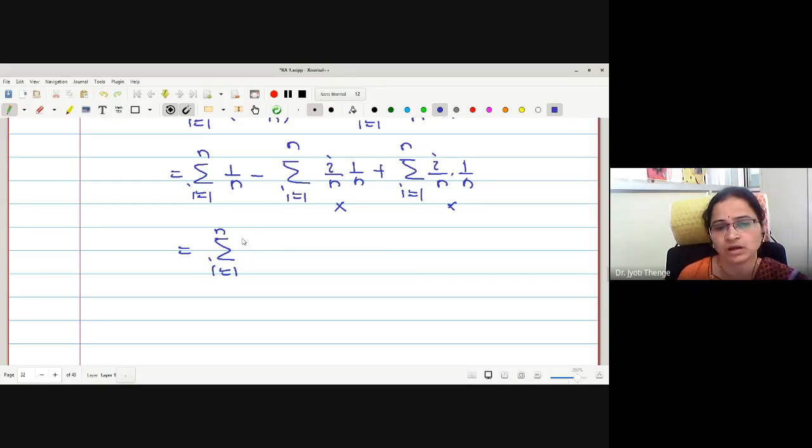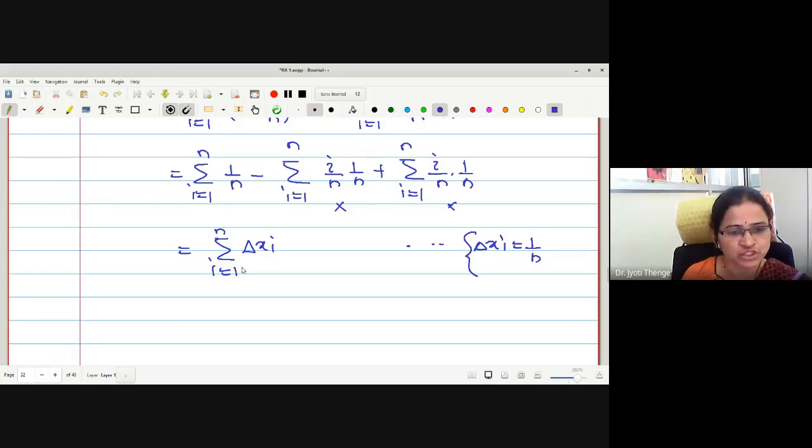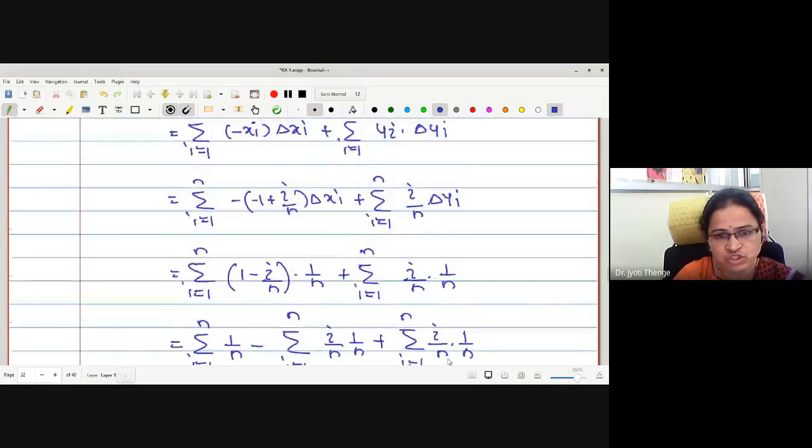Instead of writing 1 by n, is it convenient for me to write delta xi? Reason is delta xi is 1 by n. But what is summation delta xi? Can anyone answer? What is summation delta xi?